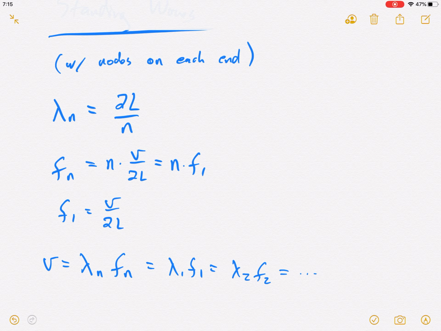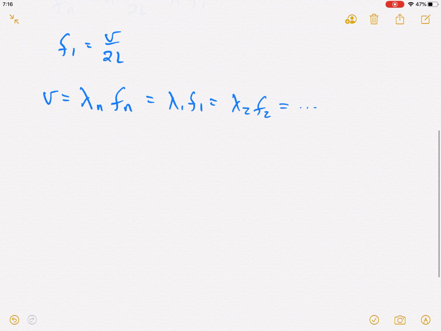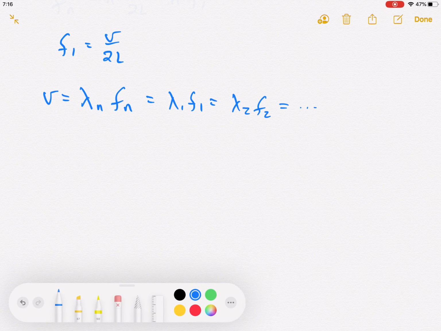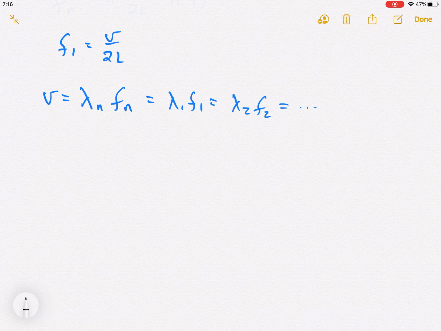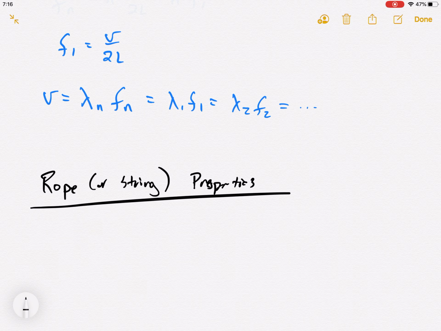Okay, so let's talk for a second about wave speed. I've told you wave speed depends on the medium. So what if I know the medium? What if this is a rope? If we have a rope, what could this depend on? I'm not going to derive this, but the properties of a rope or string are basically two things you can control.